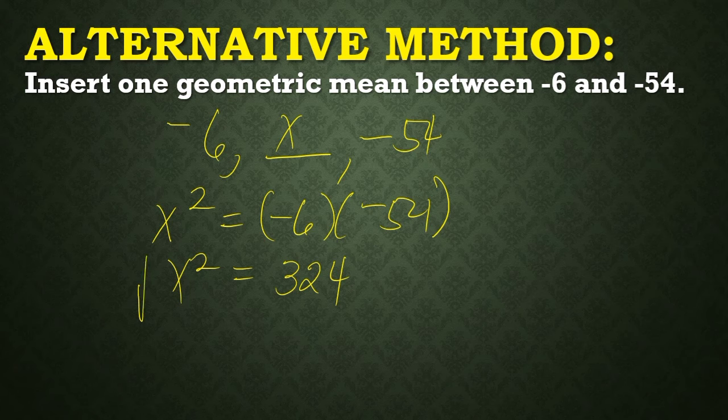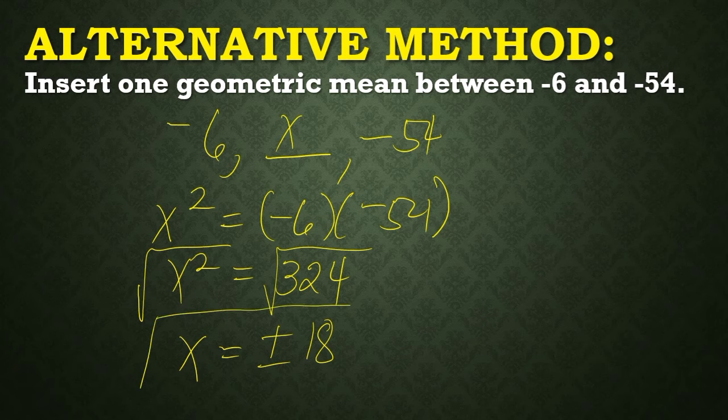And then, we extract both sides. So, x is equal to the square root of 324, that is positive negative 18. So, as you can see, nakuha natin yung target natin na positive and negative 18. So, yung geometric mean na hinahanap natin ay tama, positive and negative 18.